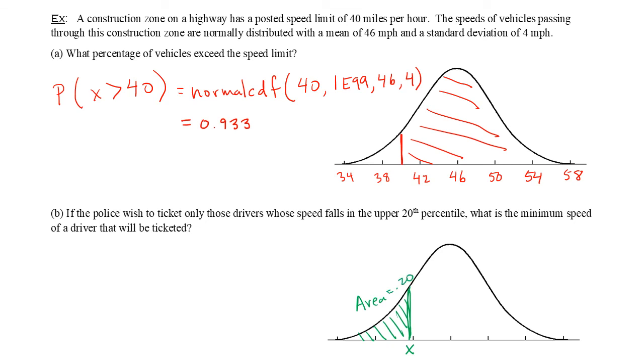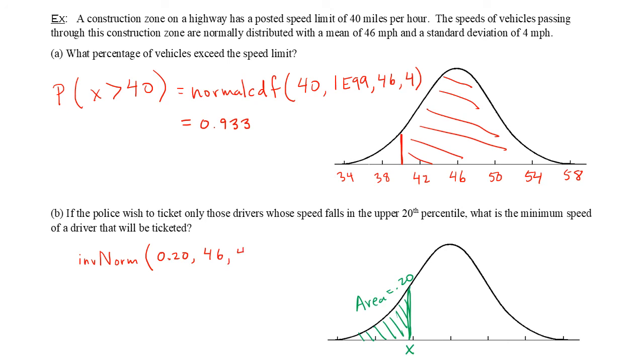And so here, because we're looking for the z-score, or in this case, the x value, given the area, we're given the area, so we're going to use the inverse norm. So the area that we're given was 0.20. The mean was 46.